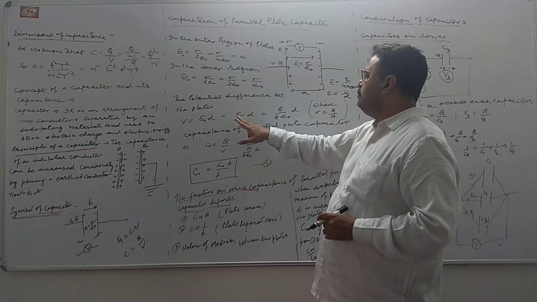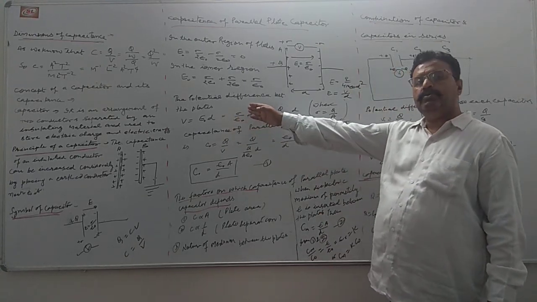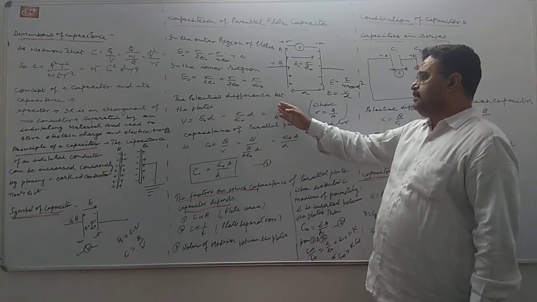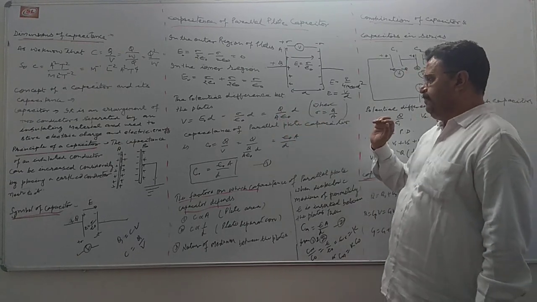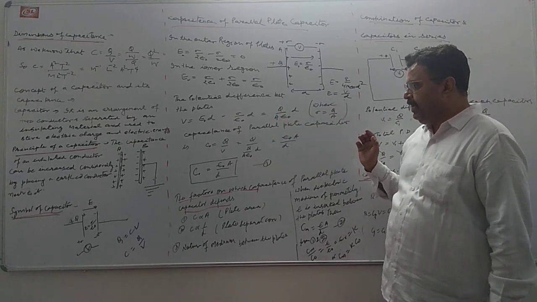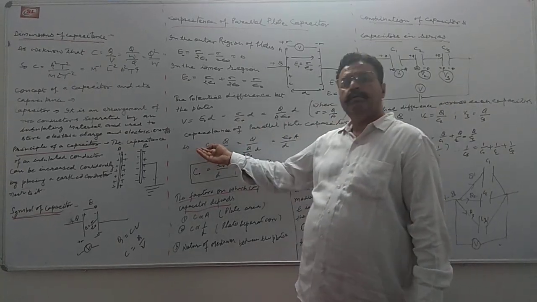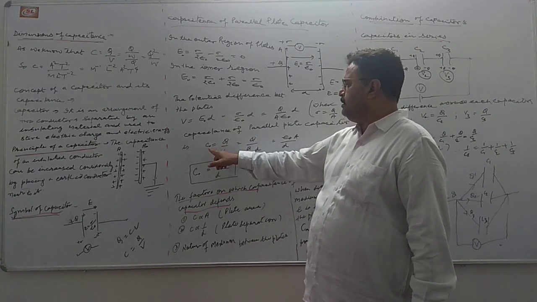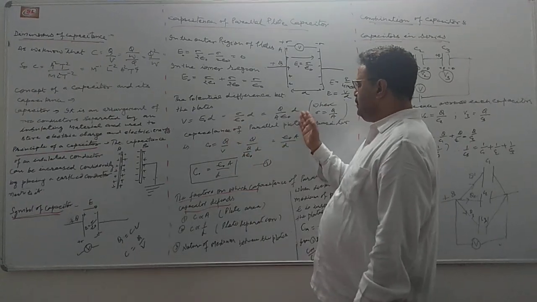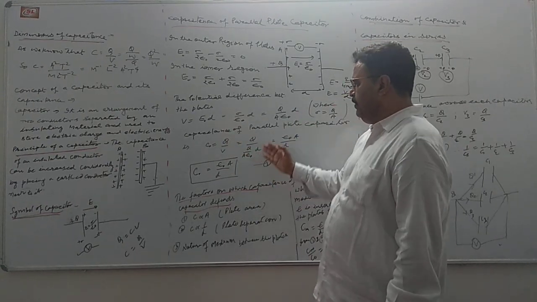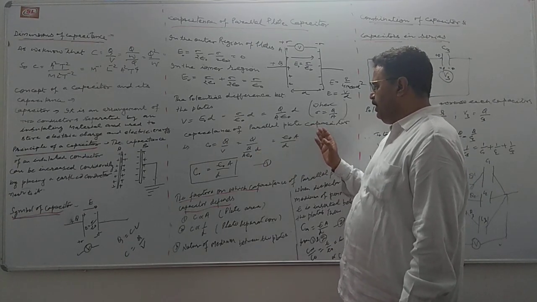Then E equal to sigma upon epsilon naught, and V equal to E into d, where sigma is the surface charge density, that is charge upon surface area, sigma equal to Q upon A. Then the capacitance of a parallel plate capacitor can be taken from the principle of capacitance, that is C naught equal to Q upon V. We put this expression here, so Q and Q will cancel, and then it becomes epsilon naught A upon d.